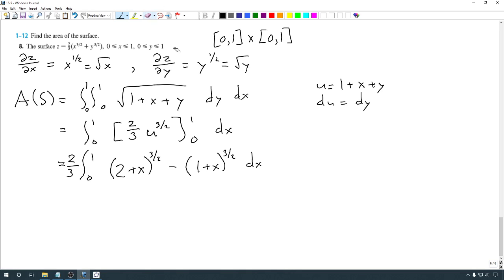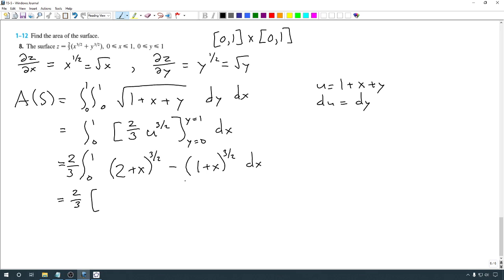Maybe I should go ahead and specify here that we are looking at y equals 0 to y equals 1. Now we get to integrate this thing. We do the same kind of thing where we set u equal to what we have inside of those.